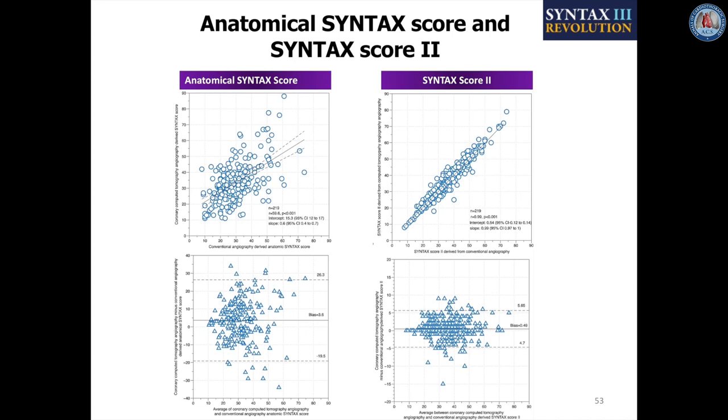And if you look at the Bland-Altman, then you realize that the systematic error is only 0.49, less than 0.5, with limits of agreement which are around 5. This is quite exceptional.